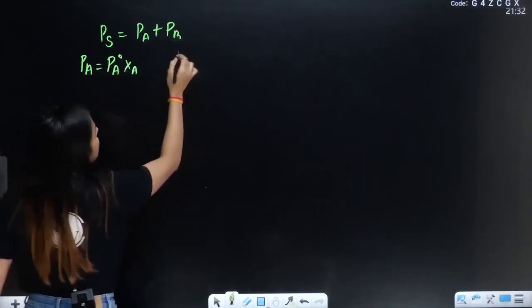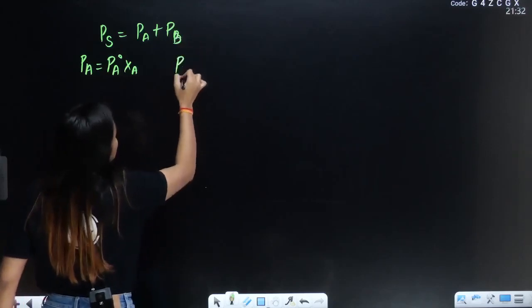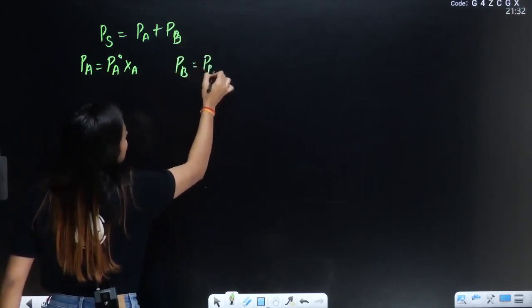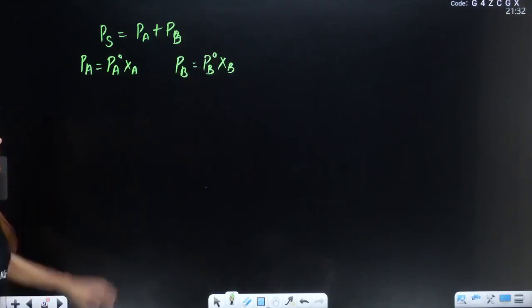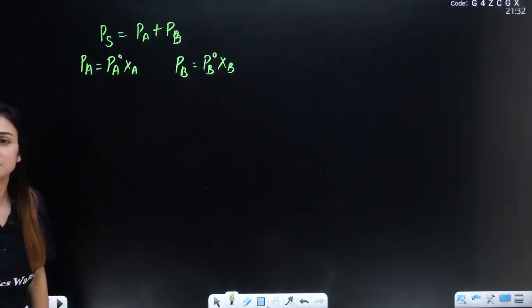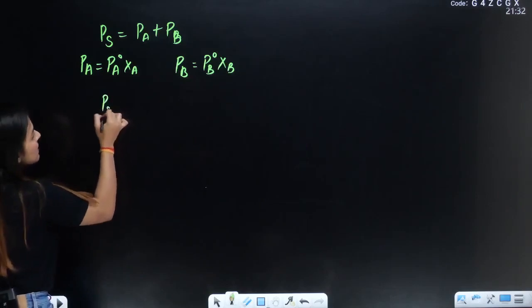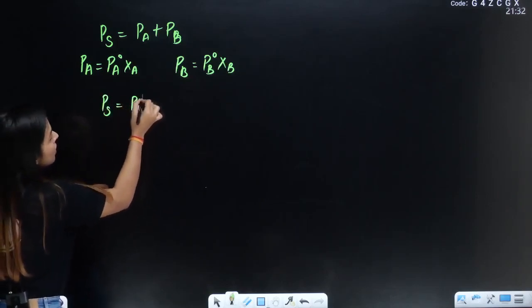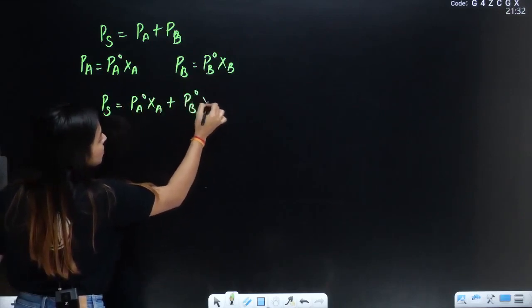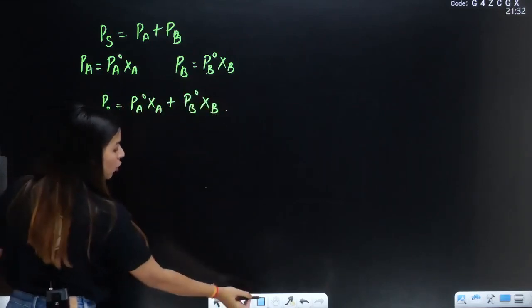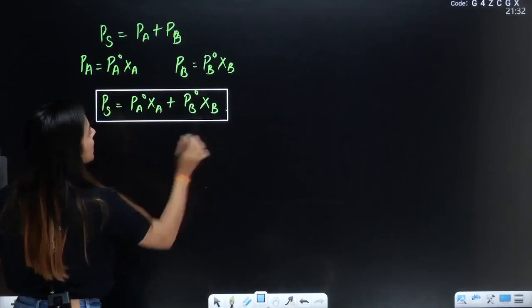Also, I calculated that PB is equal to PB naught XB. Just put this in this part. I can say that PS is equal to PA naught XA plus PB naught XB. Yes or no? This is the final expression.